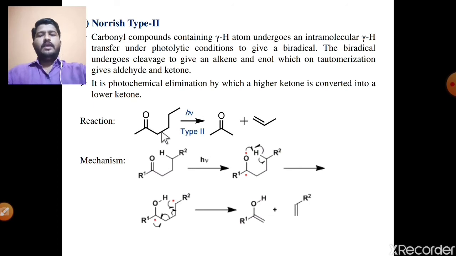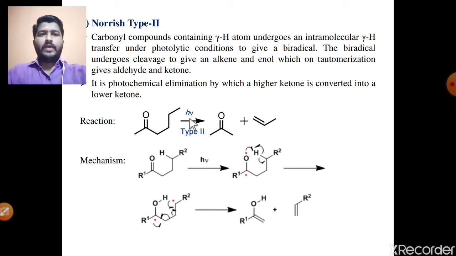Okay, see there are basic two steps. Number first step is abstraction of gamma hydrogen, and number second step is a cleavage of bond between alpha carbon and beta carbon. See the number first example, the carbonyl group C=O, these are the alpha position, beta position, and these are the gamma position.